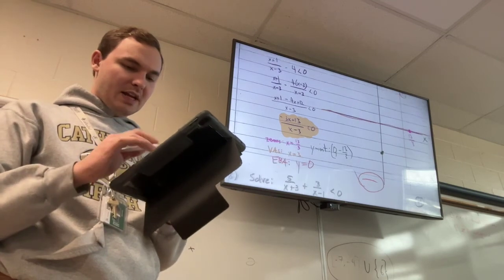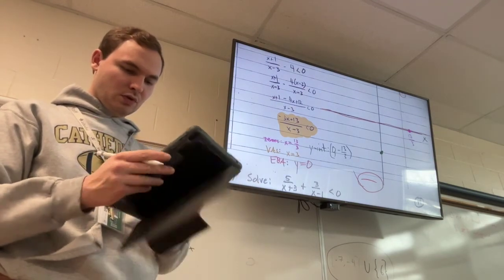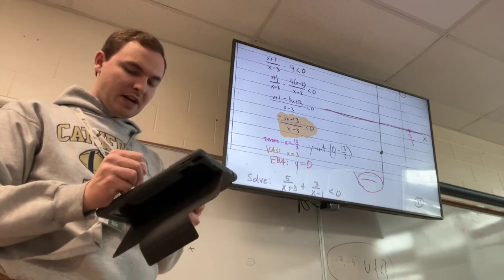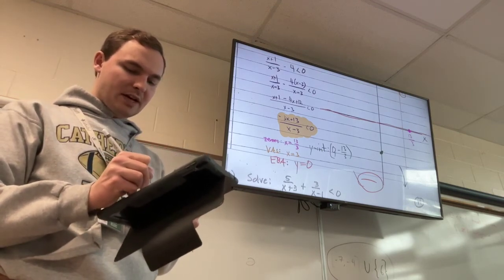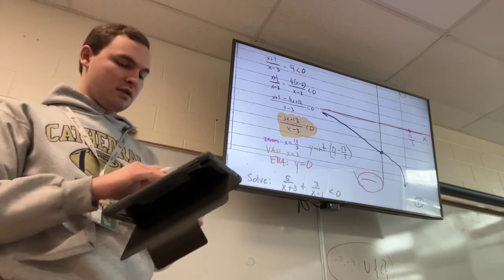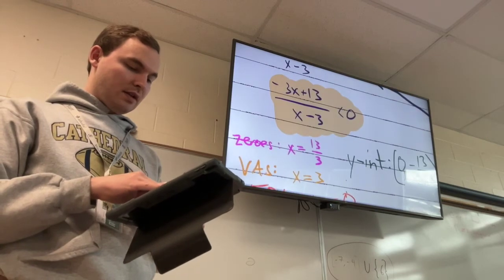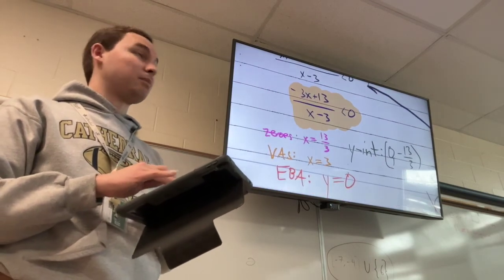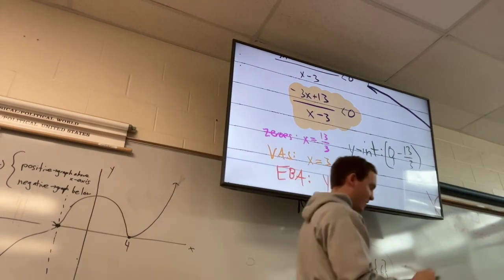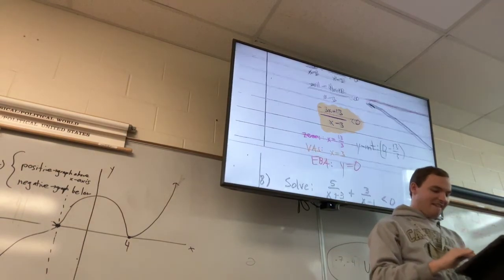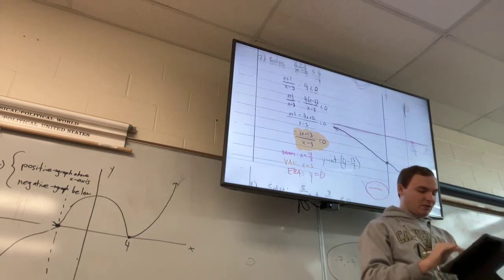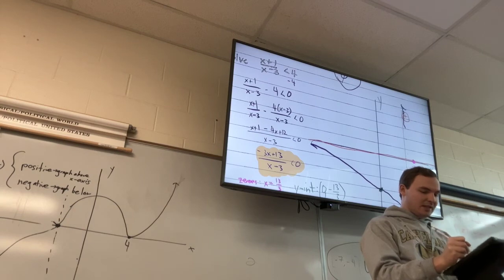My function is going down to the left of this vertical asymptote. If you plug in 0, these two terms go away, you get 13 over negative 3. And then it goes to the right of this vertical asymptote, up to positive infinity.